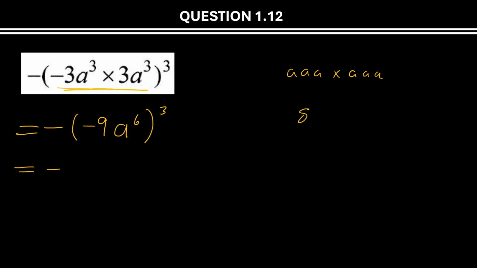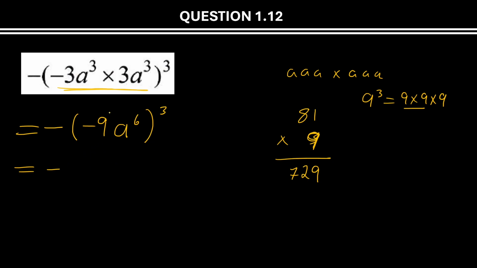So I know it's 81 times by another 9, right? Because 9 to the power 3 is basically 9 times 9 times 9, and this becomes 81. So 81 times by 9, so that's 9, and 9 times 8 is 72. So this should be 729.